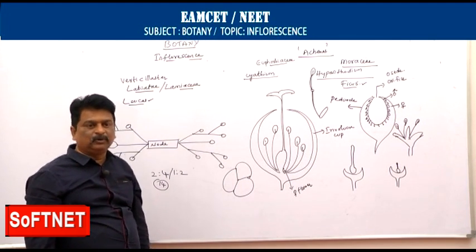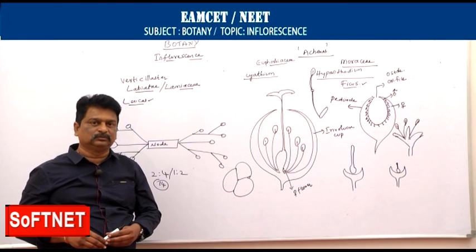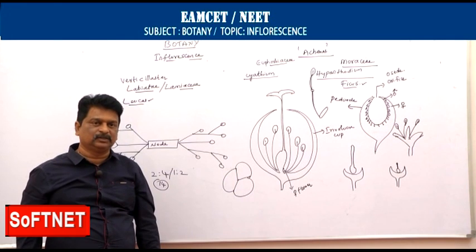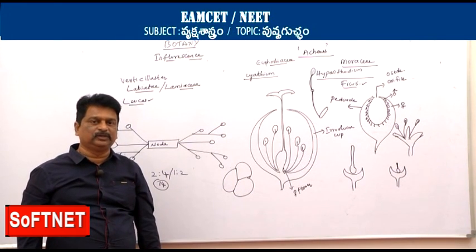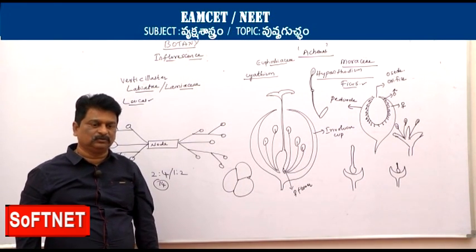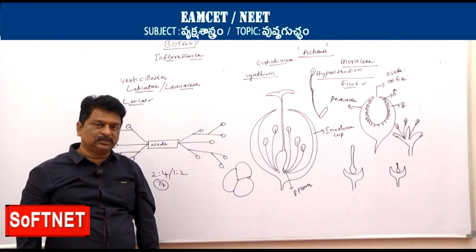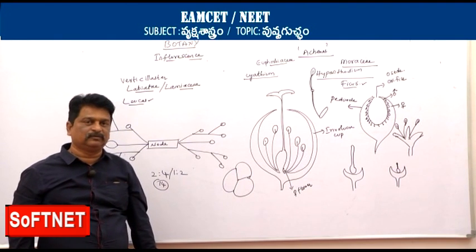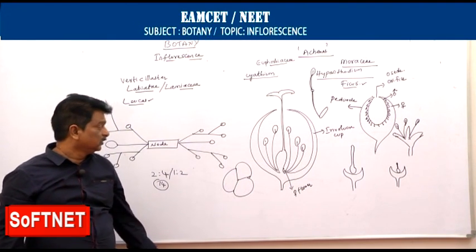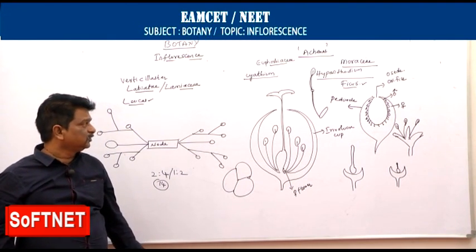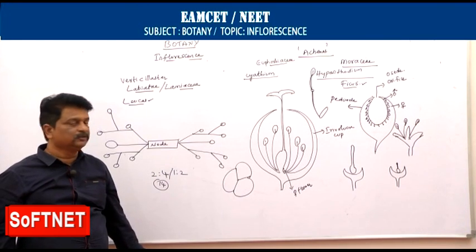Then the point is, in racemose inflorescence, pedicellate flowers are generally bisexual, and sessile flowers are generally unisexual. Then the point: three types of flowers are present in which inflorescences? Hypanthodium and spadix. Then a modified bract is present in which inflorescence?